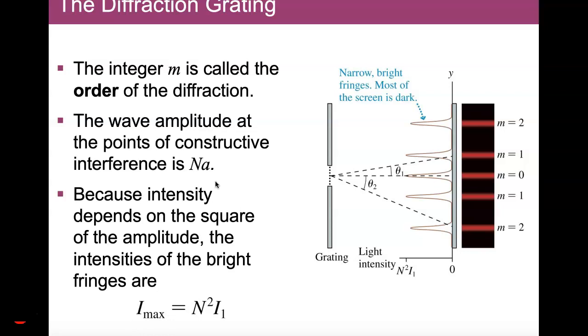Here, if you have n of these, then your maximum amplitude is n times the amplitudes of the individual ones, and your I max, the maximum intensity, is n squared, right? So it also makes the intensities quite large and makes those maxima very bright.